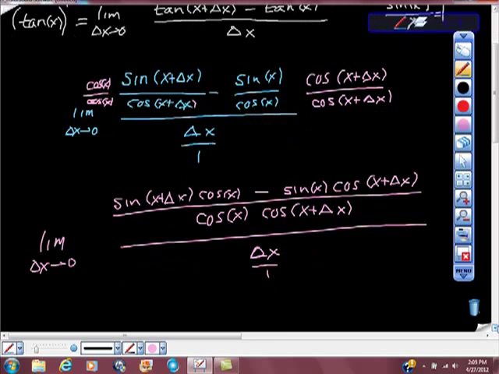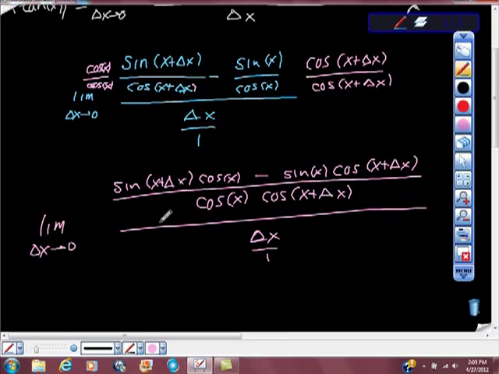I think that this is actually going really well. This is where we have to stop for a second, because it looks like it got worse, but it got a lot better, didn't it? Because we know there's this subtraction formula. The subtraction formula says that sine of u minus v, we're going to take this rule backwards, is equal to sine u cosine v minus cosine u sine v.